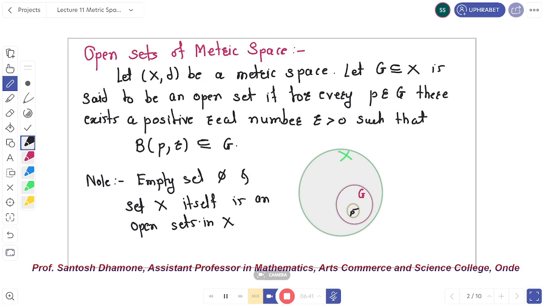Let G be the set of ordered pairs (x1, x2) belonging to R2 such that 3x plus 4y is greater than minus 12. Then prove that G is an open set in X.